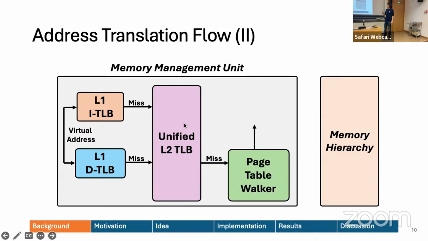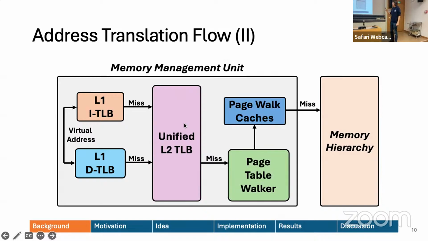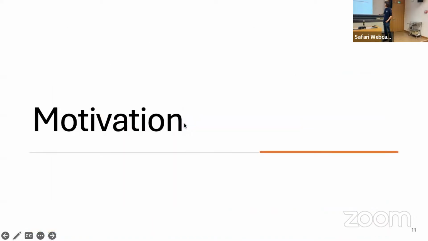If this misses, we take the page table walker, which in turn has a page walk cache, which again caches the edges in the radix tree, so the mappings from this block to this. And if this misses, we have to access the memory hierarchy in the page table. So this is how it works now.